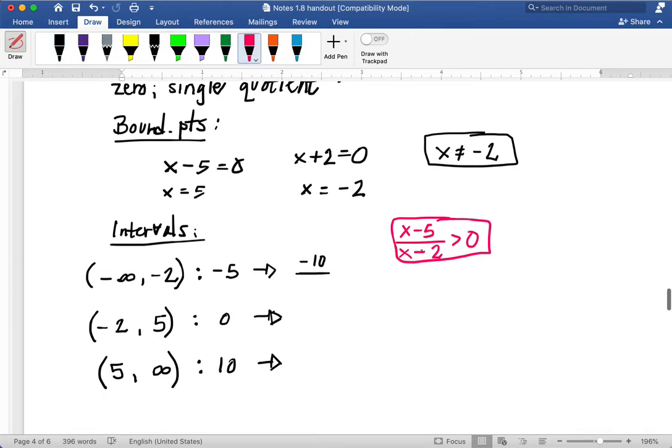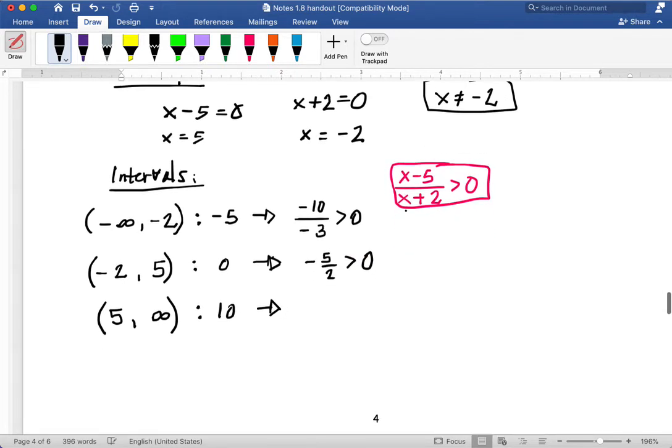Sorry. Again, substitute -5 here. -5 plus 2 is -3. Greater than 0? We're going to determine that in a moment. If I put 0 in for x, this is -5 over 2. Is that greater than 0?